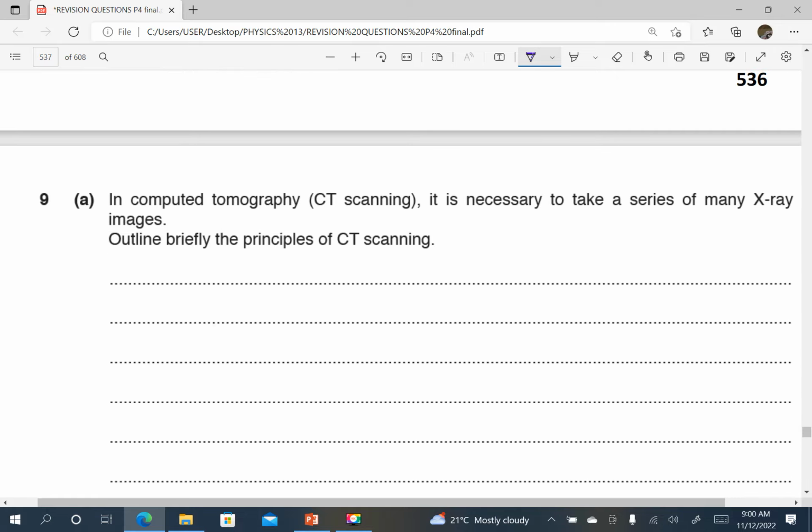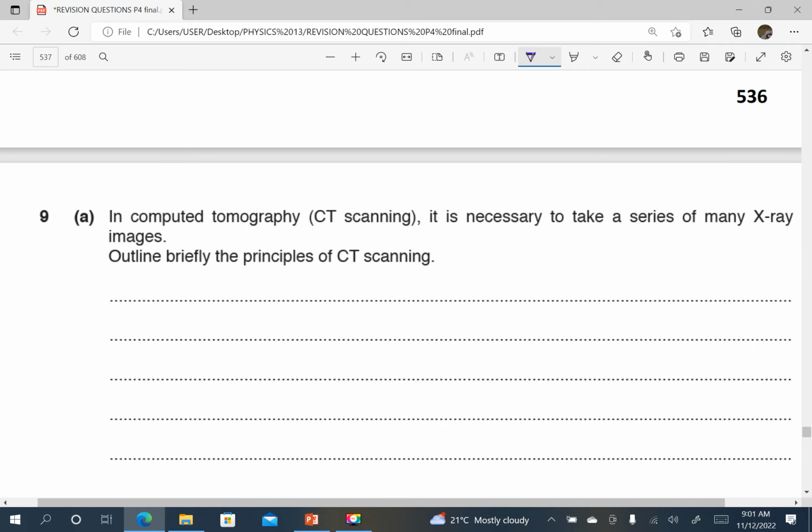Okay, so we are going to say that a series of X-ray images taken from different angles are obtained for one slice.